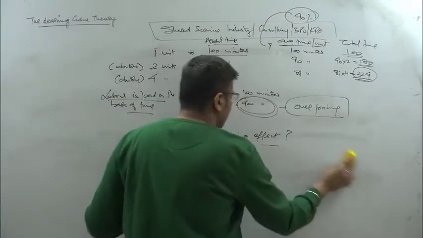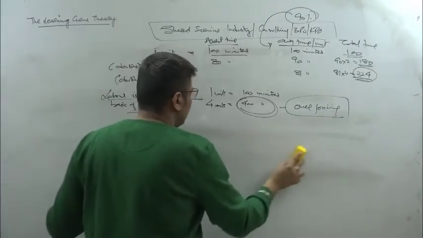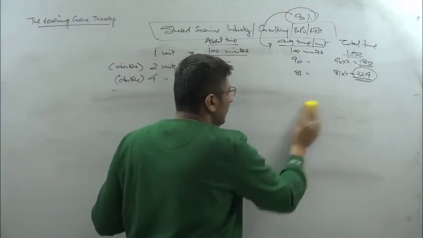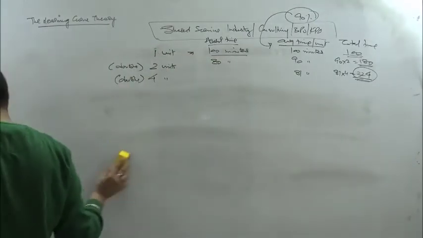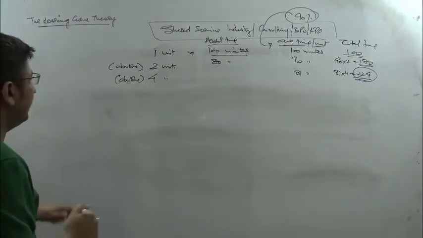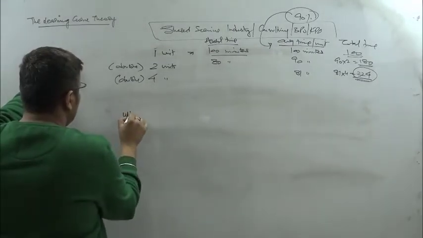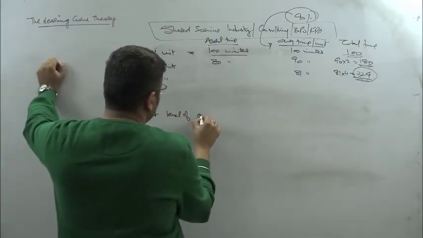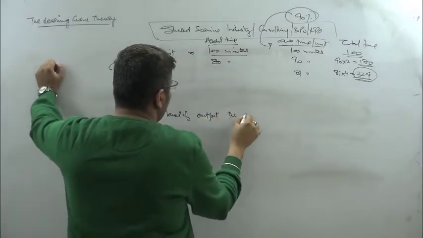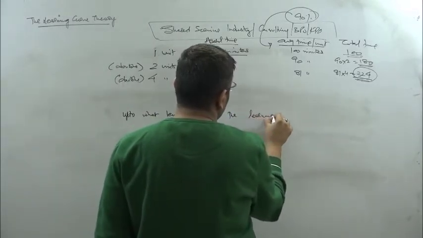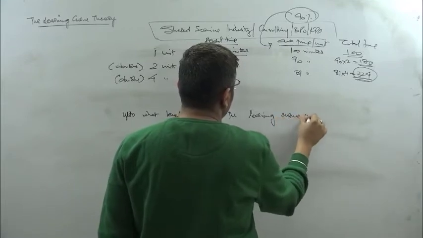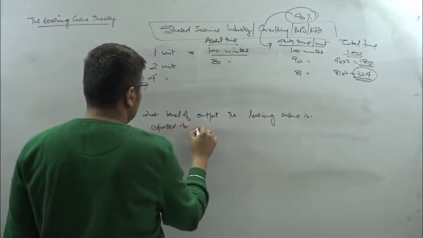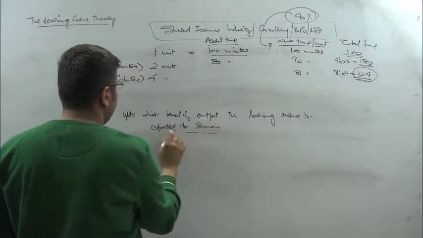Now, the challenges, or even on the calculation part, we might spend some time and look at it. What is it the businesses should be knowing? What is it the businesses are required to understand? One thing: up to what level of output the learning curve is expected to remain.